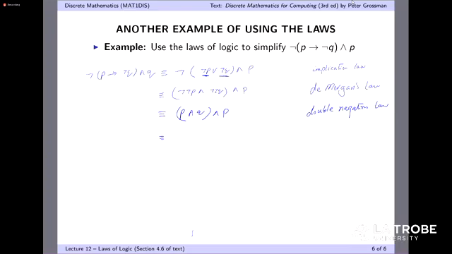Yeah, that is true. So P absorbs it. You can use absorption if you like, but actually there's the idempotent law I would go with first.